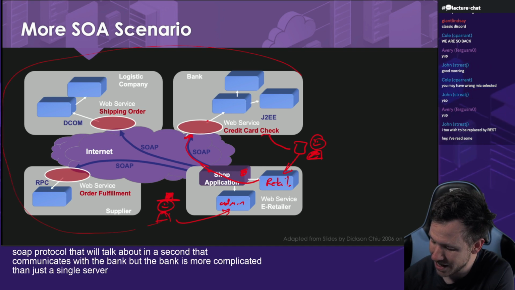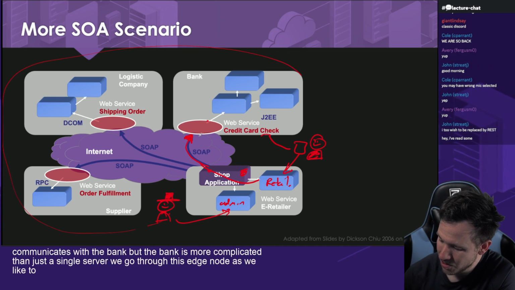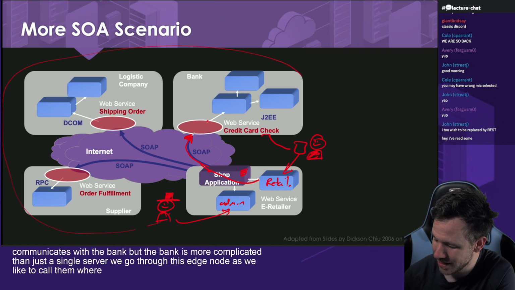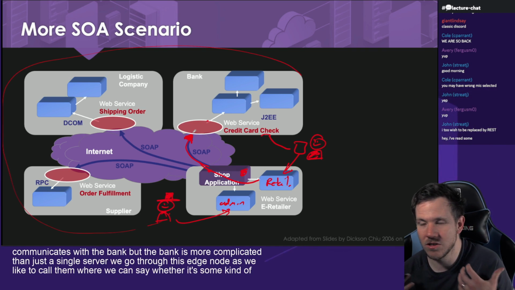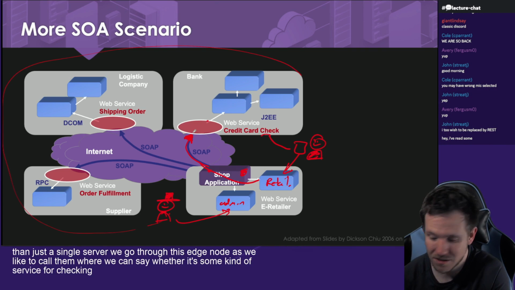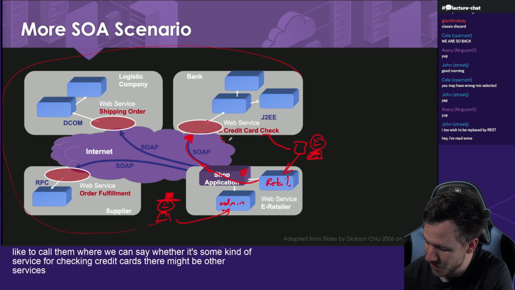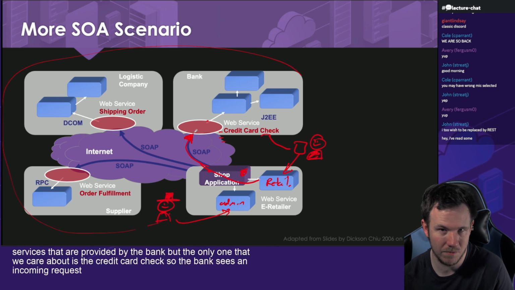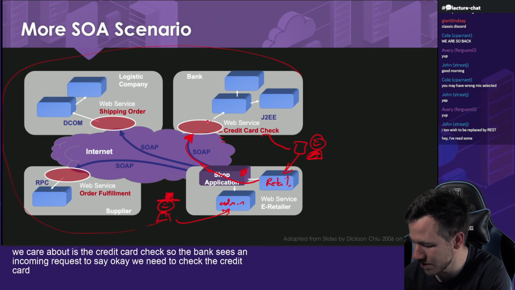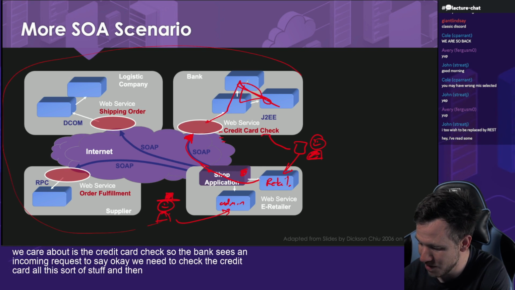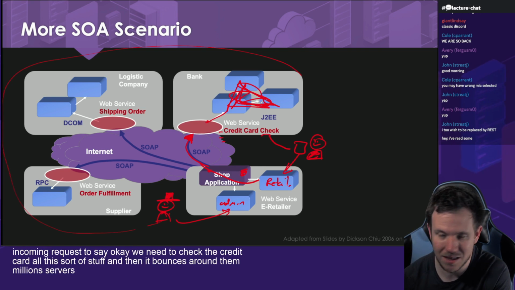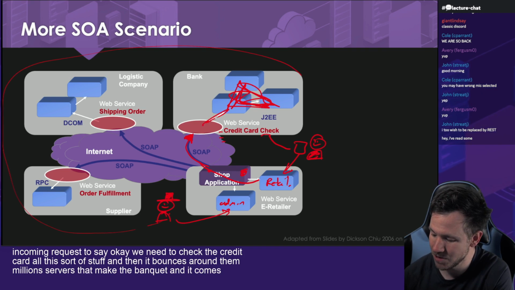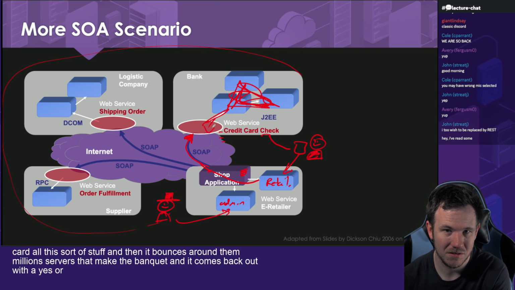We go through this edge node, as we like to call them, where there's some kind of service for checking credit cards. There might be other services provided by the bank, but the only one that we care about is the credit card check. So the bank sees an incoming request to check the credit card, and then it bounces around their million servers that make the bank work, and comes back out with a yes or a no.